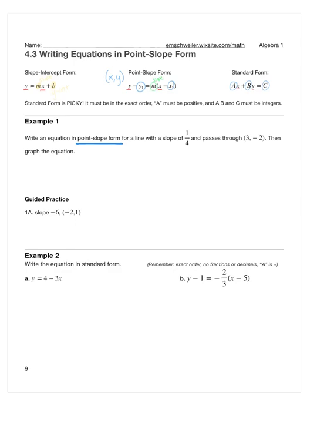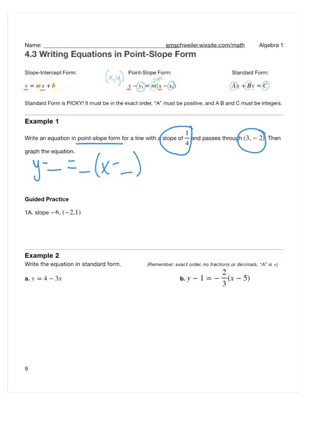It's going to have a slope of 1/4 and it passes through this point, and then we're going to graph the equation from there. So basically it's going to look like y minus blank equals blank times x minus blank.